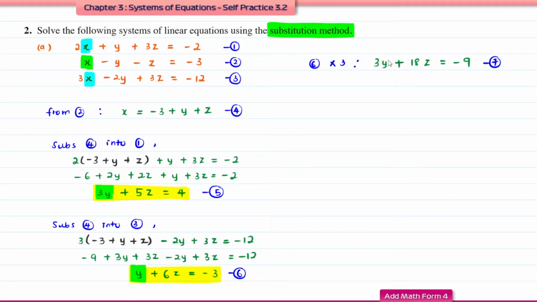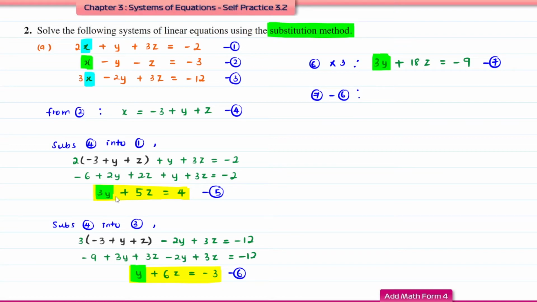So now let us focus on equation 7 and equation 5. So now both of them have the same value of y. So to eliminate it, we're going to subtract. So therefore, from equation number 7, I'm going to minus equation number 5. So 3y minus 3y, the y is equal to 0.